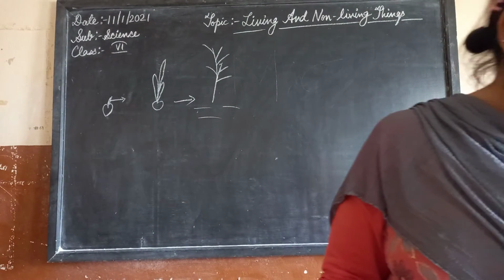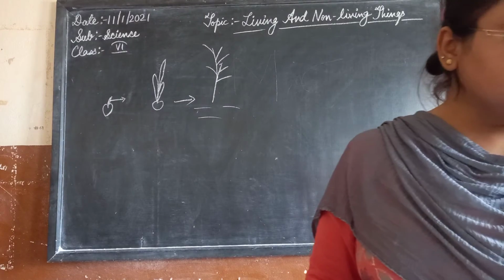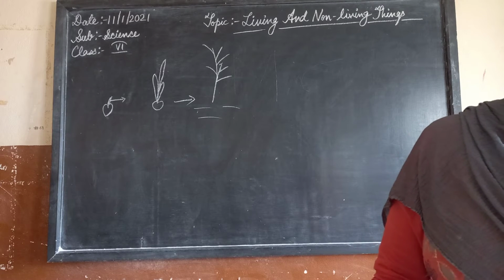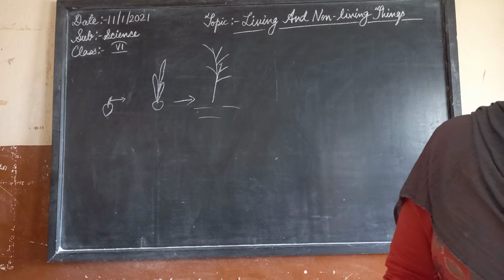Animals reproduce by laying eggs or by giving birth to young ones, called mammals, and plants reproduce from seeds like peas, gram, mango, from body parts like leaves, begonia, stem, rose, roots, carrot, and through spores, as in ferns.